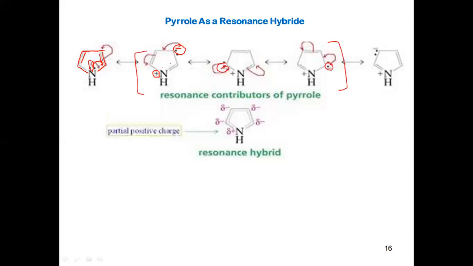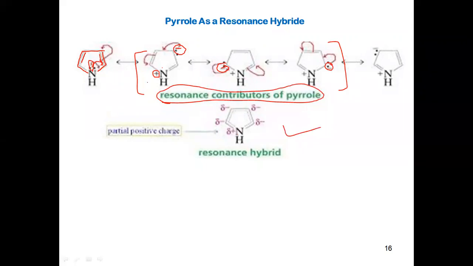Due to this overall delocalization, there are 6 pi electrons delocalized, and due to that delocalization we are getting the different resonating structures. Okay, so now these three are the resonance contributors of pyrrole. Their hybrid structure you can see here this way.